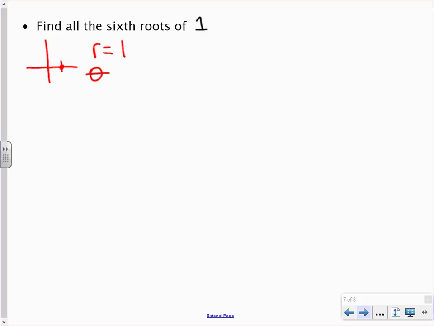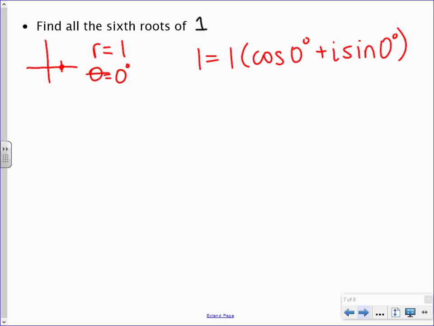What angle are we at? 0. So 1 is the same thing as 1 times the cosine of 0 plus i sine 0. Okay? This is the trig form that we will use.